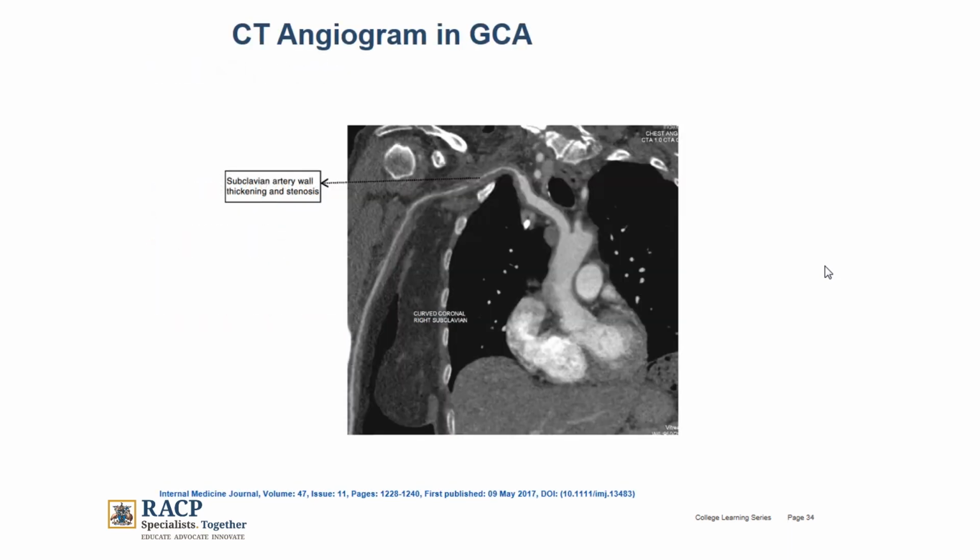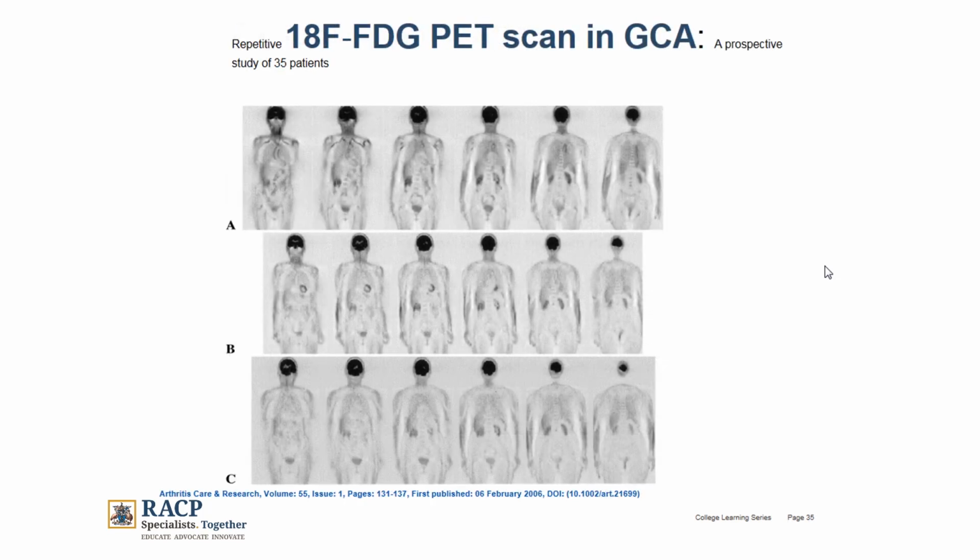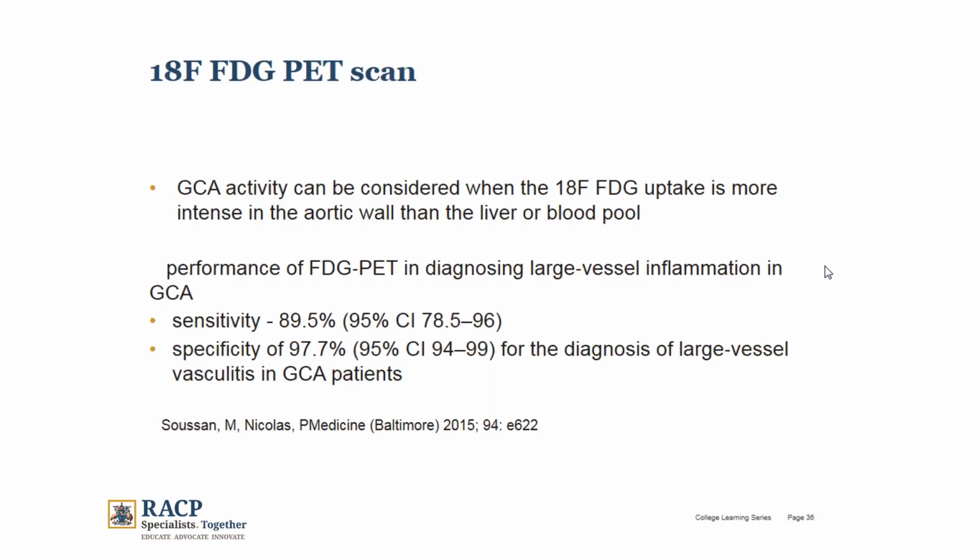The CT angiogram can be helpful, particularly in looking at the larger vessels, as can be seen in this one. The PET scan can be particularly useful in patients with giant cell arteritis with signs of increased uptake in the large blood vessels.